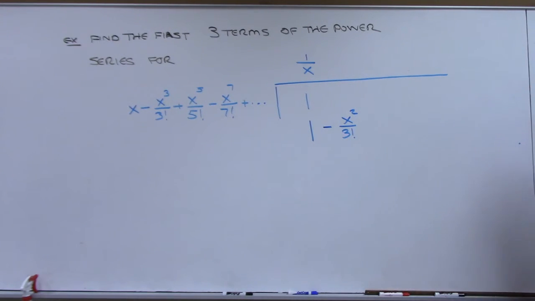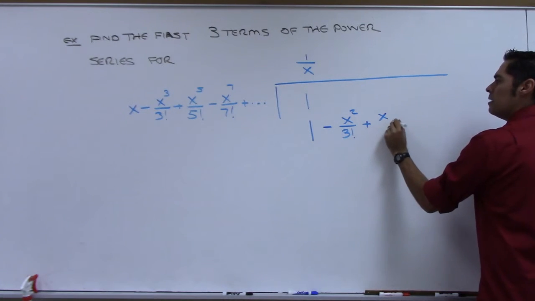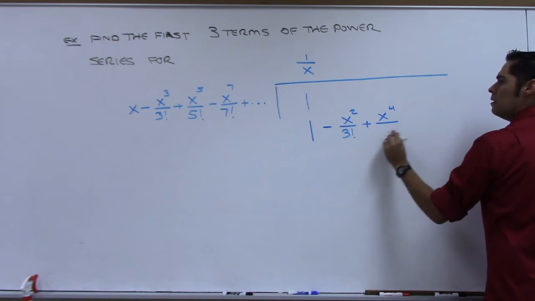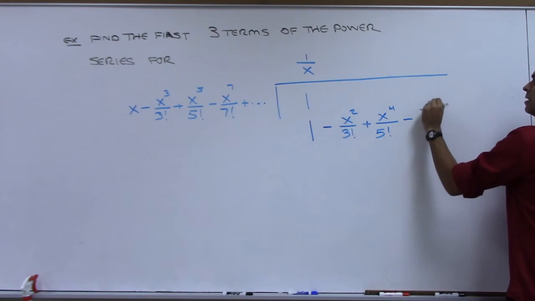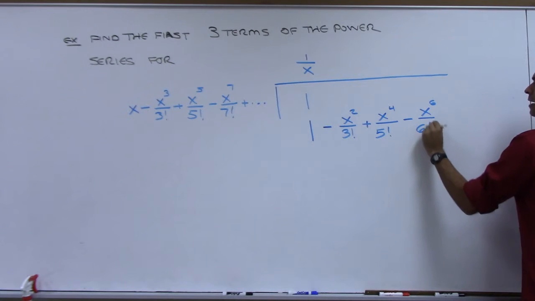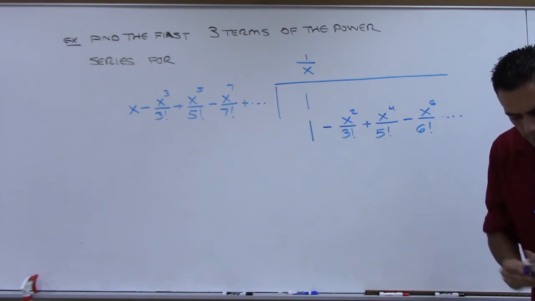What would the next one be? Plus x to the 4th over 5 factorial. Next one, minus x to the 6th over 7 factorial.